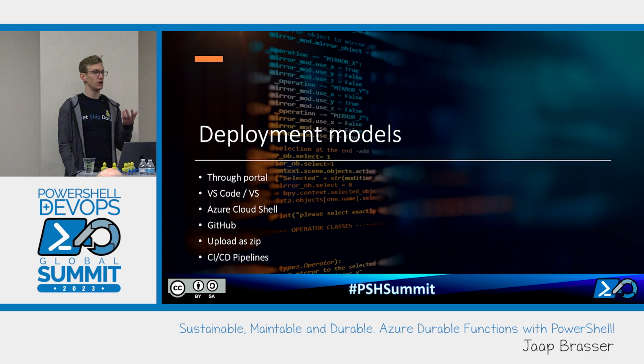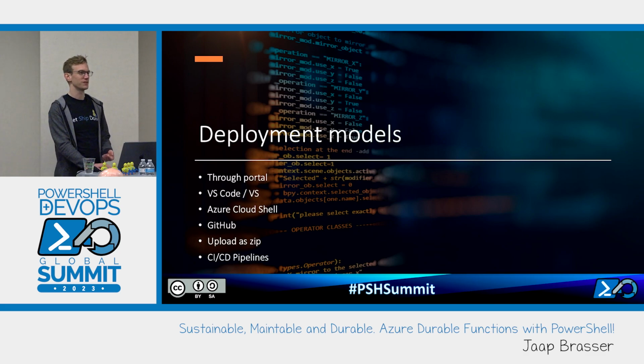You can pull it in from GitHub or other external repositories, upload it as a zip, or use CI/CD pipelines. Using pipelines is in general recommended once you start going more towards a production environment.